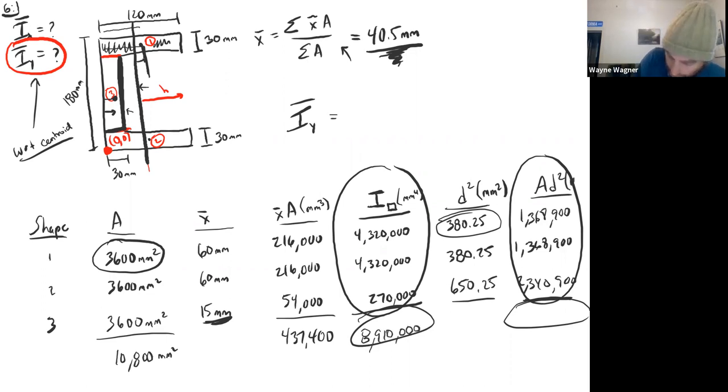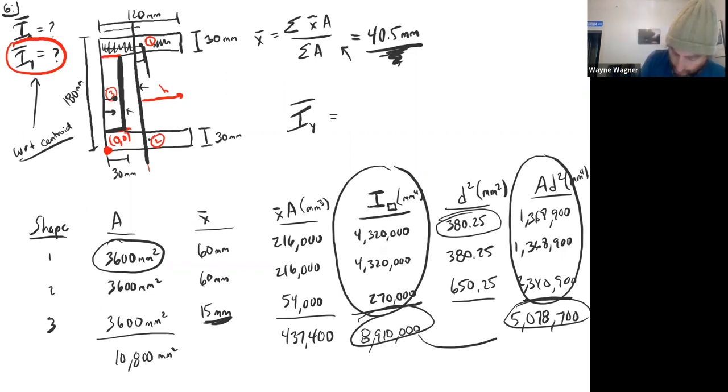Oh, and these all have millimeters to the fourth as well. And then we'll just do this one, which is going to be 1,368,900 times 2 plus 2,340,900 equals 5,078,700.